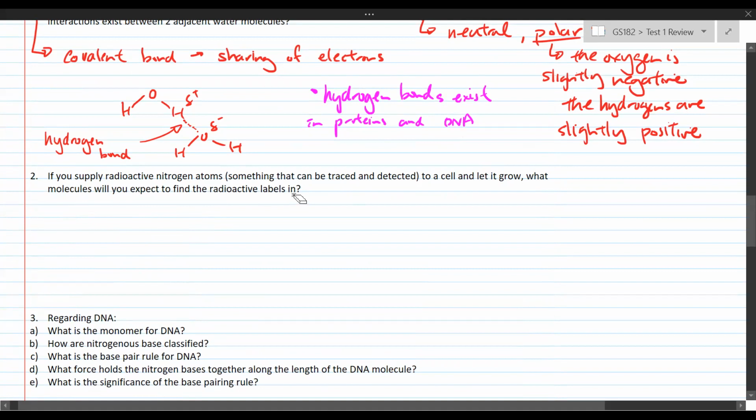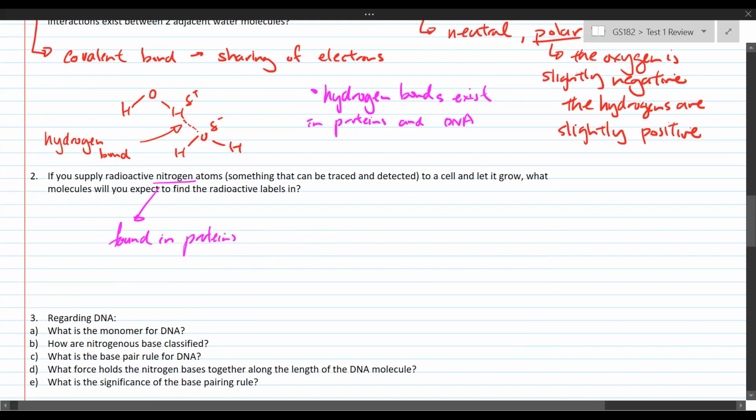So this is basically a question that asks you, where do you find nitrogen atoms in a cell? Nitrogen atoms are found in proteins and nucleic acid.